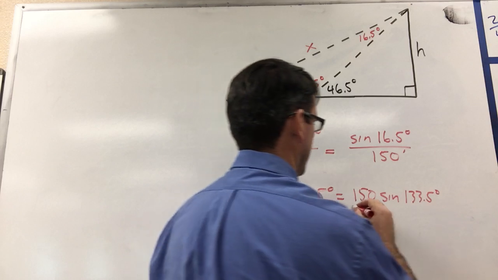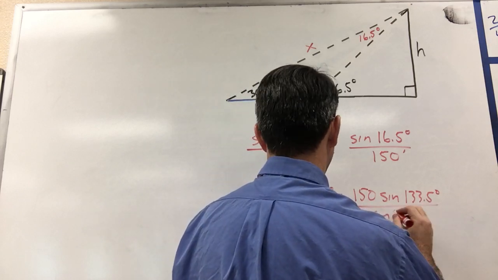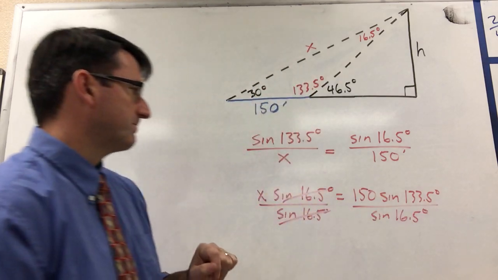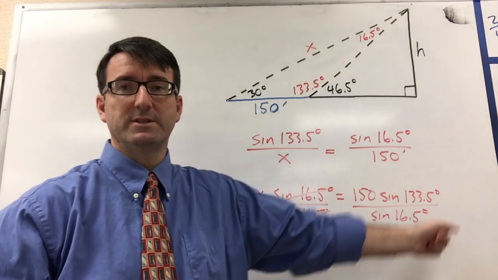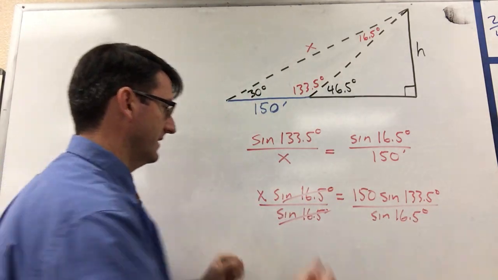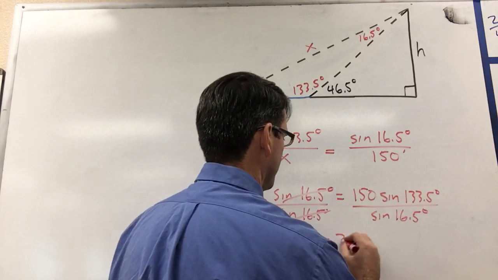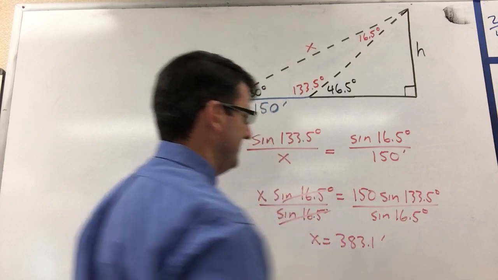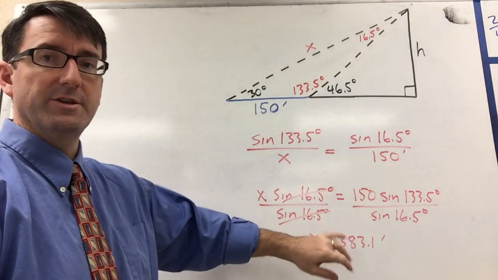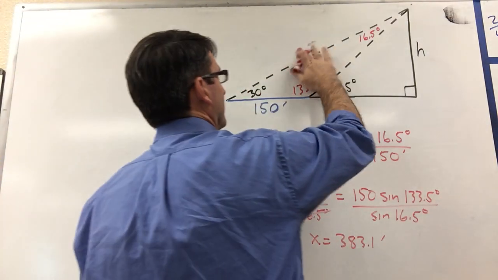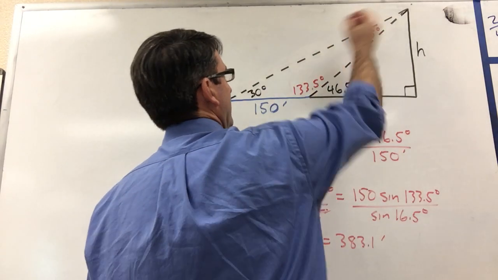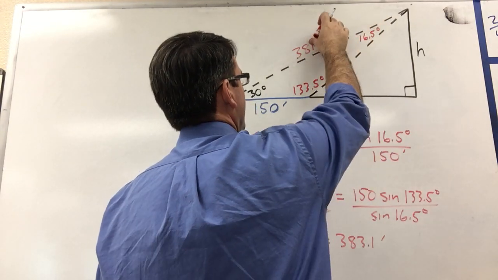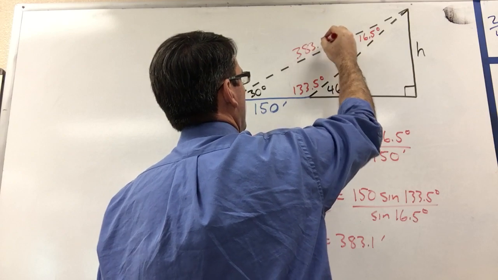These will cancel. And now x is going to be equal to this, and we can plug that into our calculator. We're going to get that x is equal to 383.1 feet. So now we can plug that in up here. We know that this length now is 383.1 feet.